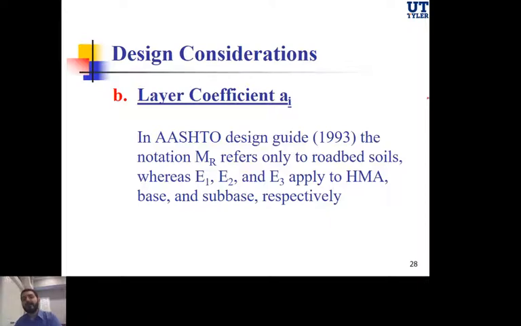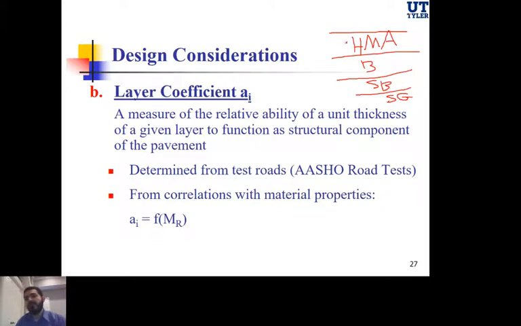So again, in the AASHTO 1993, the notation MR is the resilient modulus. I'm going to talk to you about this next lecture. It refers only to the roadbed soil, where E1, E2, E3 apply to the HMA, base and sub base. So going back to here, for the top layer, we call it E1. How strong is this layer?